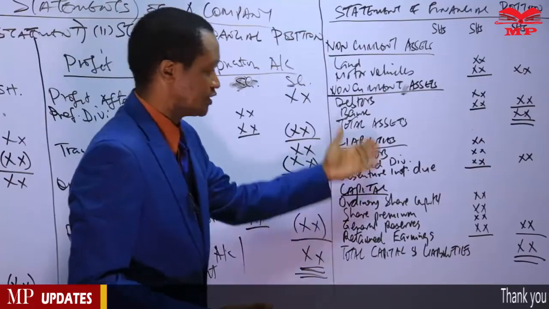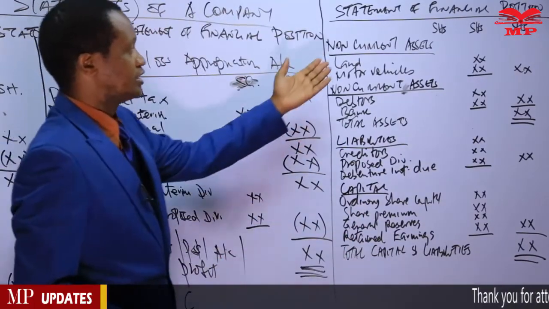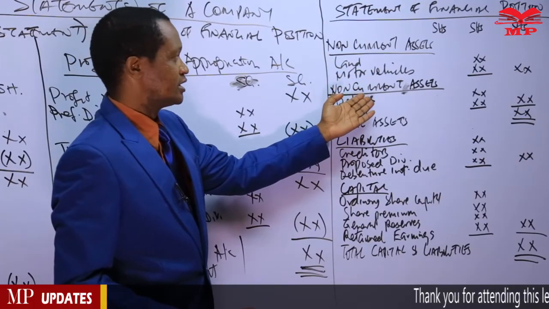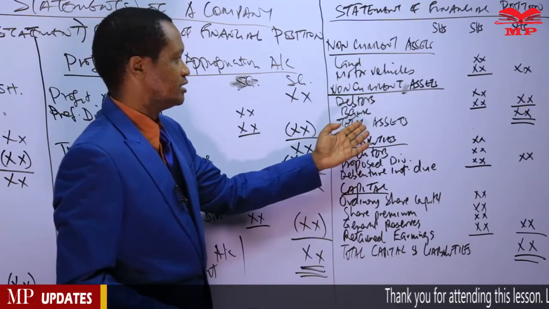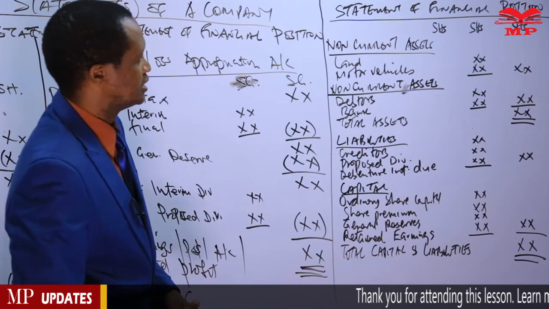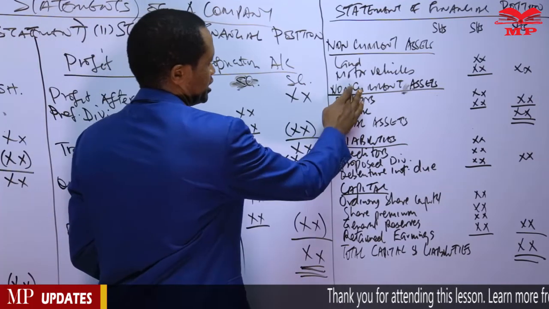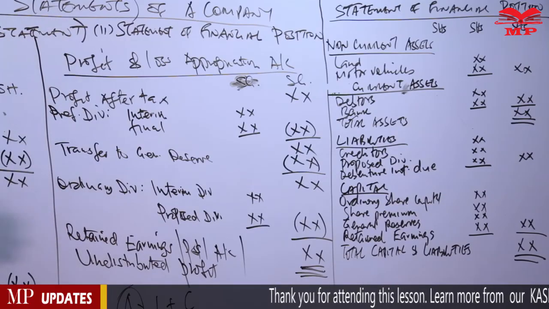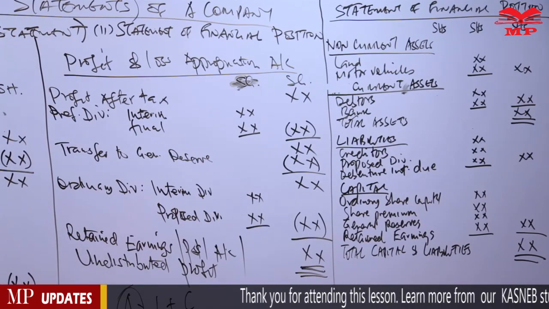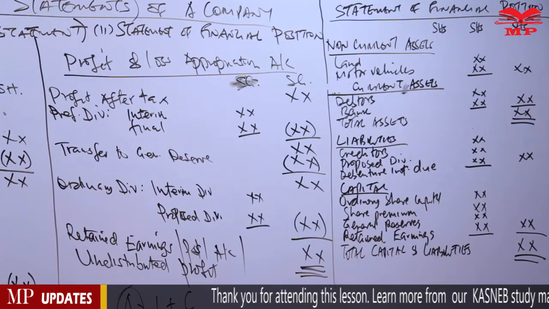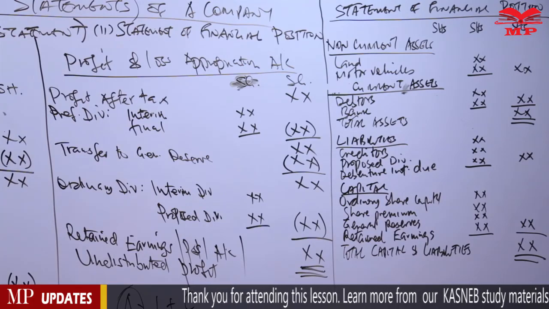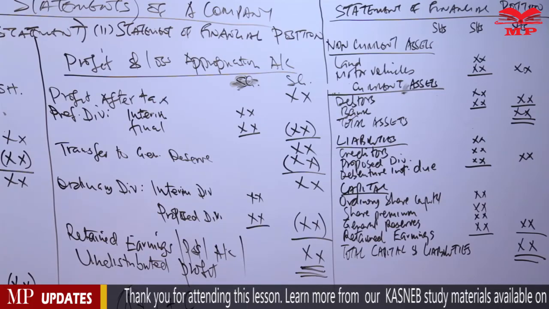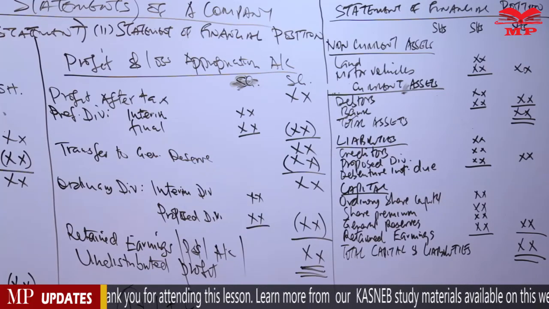Otherwise, the rest of the items are the same. Assets are treated the same way. Non-current assets, the current assets are treated the same way. These are current assets. So this is how you prepare the income statement and the statement of financial position.